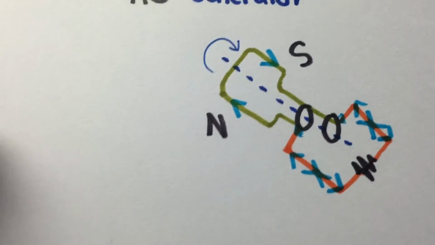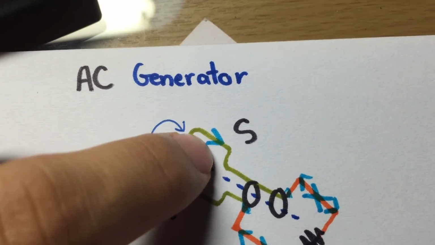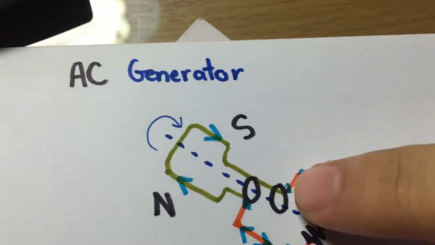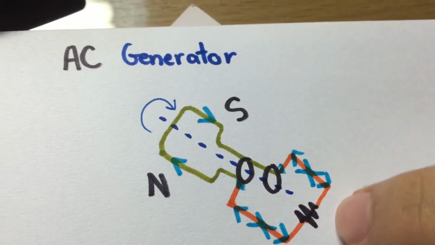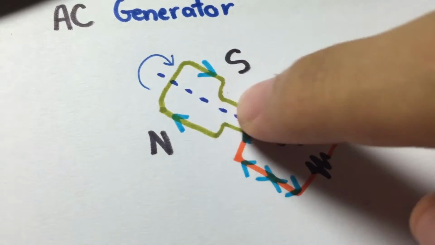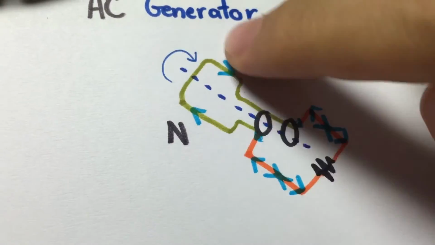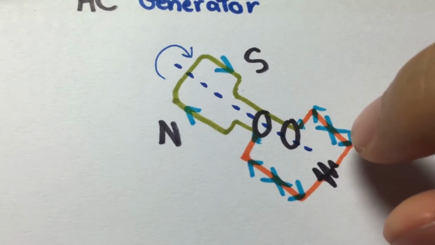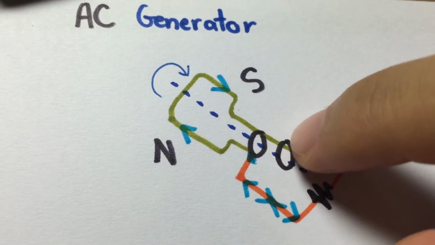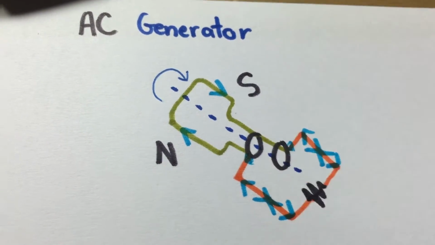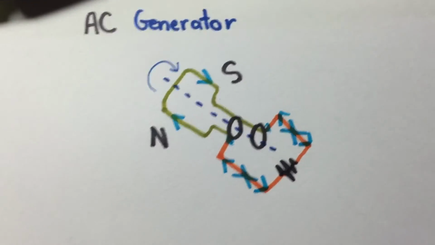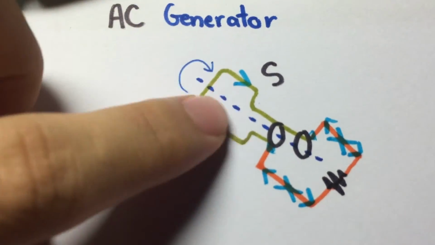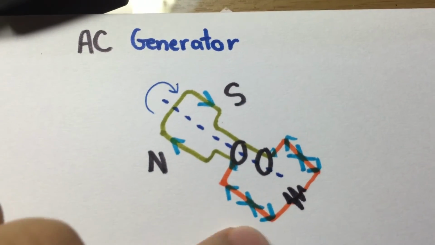Assuming the electric current runs this way, the current direction will be this way out and go like this, and when this coil is turned another way, this circuit in orange will alternate. From going this way, it will go that way.